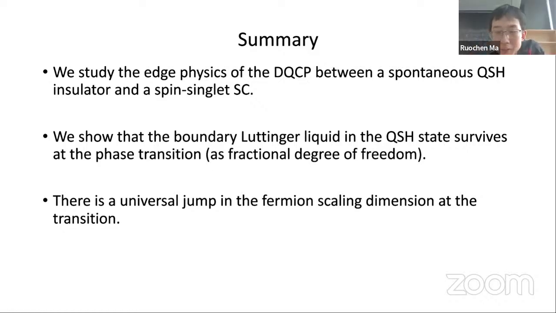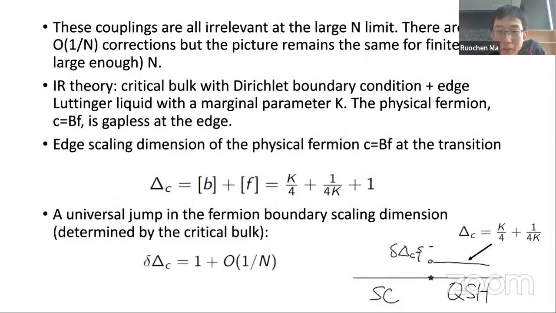So remember here, if you calculate at finite N, you should include some 1/N correction. I mean, the universal here is in the sense that it does not depend on the Luttinger parameter, but it does depend on N and the bulk property of the CP^(N-1), the bosonic critical theory in the bulk.